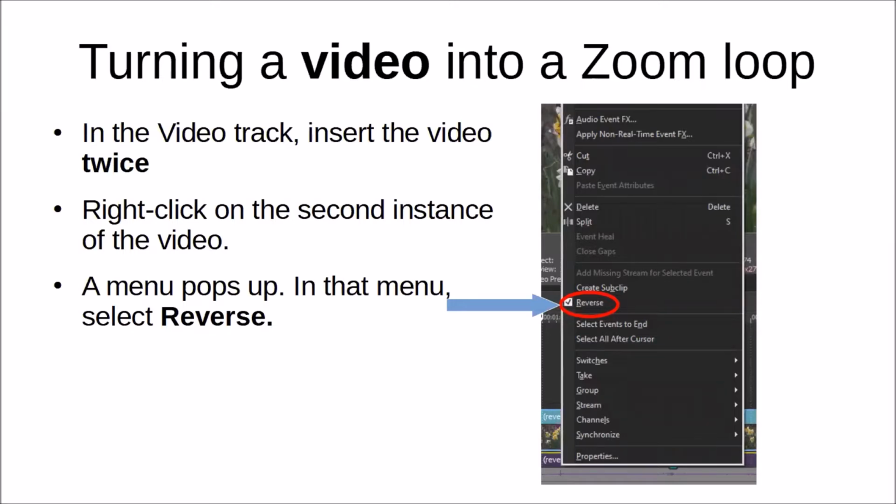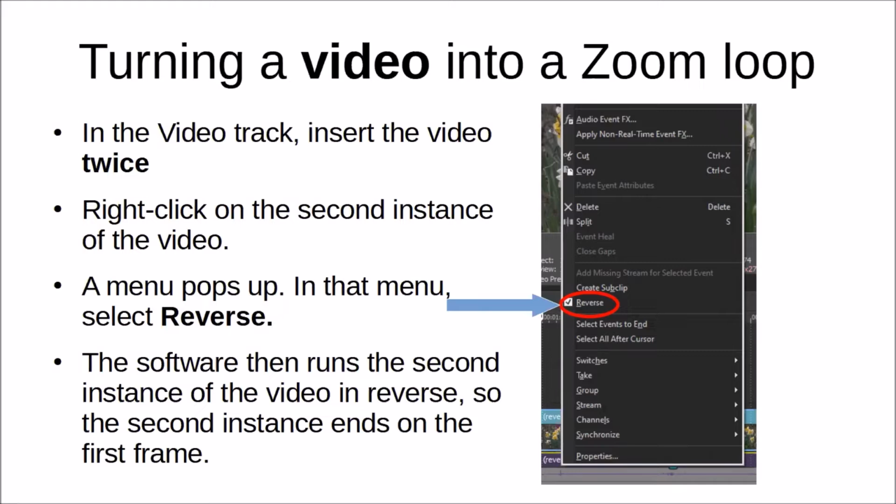And in that menu, there's a choice called reverse that tells Vegas to run the selected scene, which is the same as the initial scene, run it in reverse. And so what does that do? That creates the video that goes A, B, C, C, B, A, where the CBA is in the reversed video.